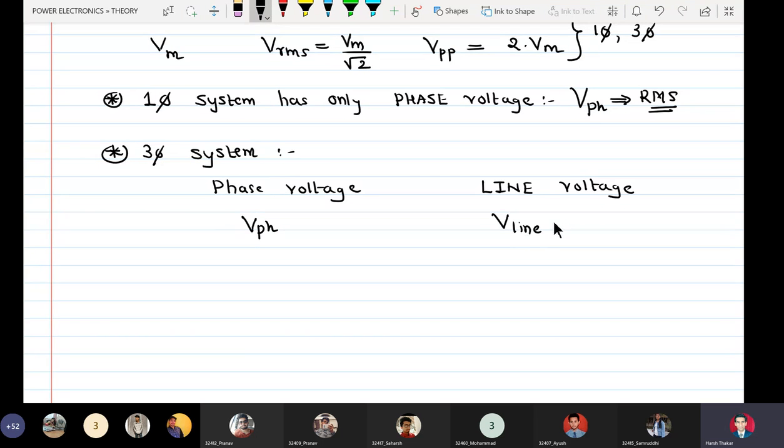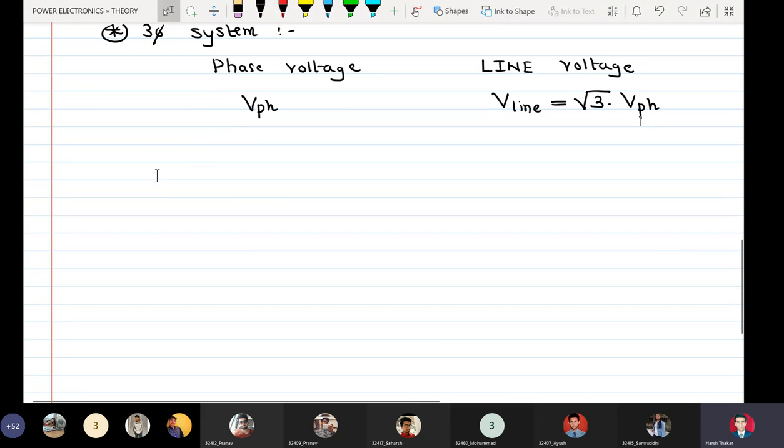Understand that irrespective of whichever phase it is, V line is always equal to root 3 multiplied by V phase.